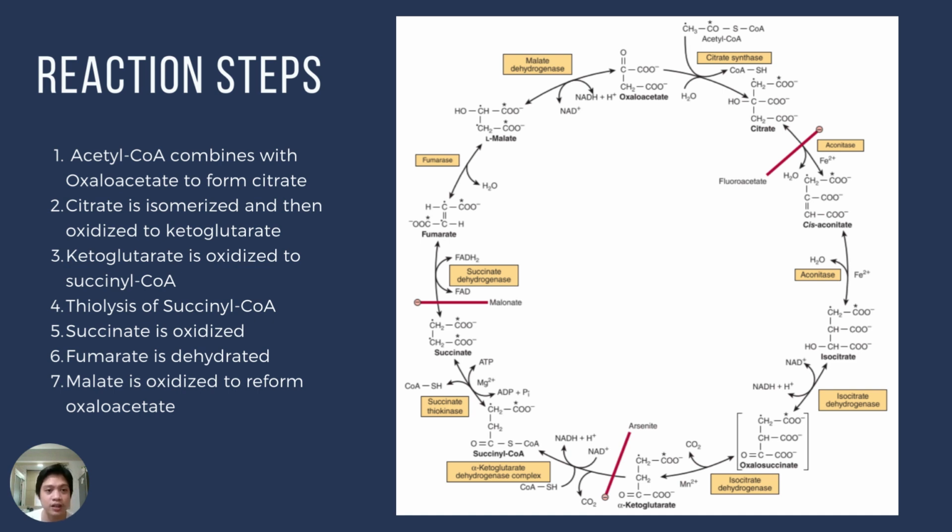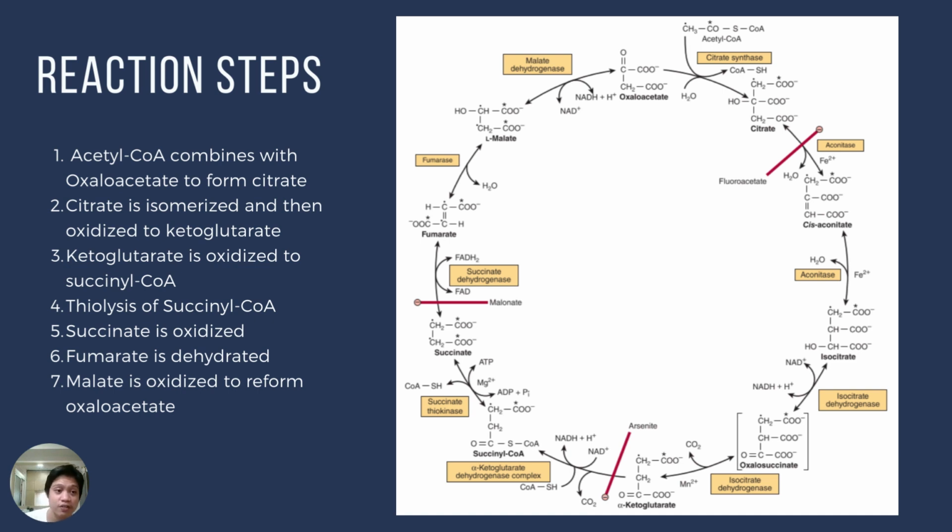Alpha ketoglutarate is then oxidized and that forms succinyl coenzyme A. Thiolysis of succinyl coenzyme A occurs, which means that the CoA molecule is separated from the succinate molecule, and therefore the product will be succinate. This releases a lot of energy, and therefore, at this step, substrate level phosphorylation occurs.